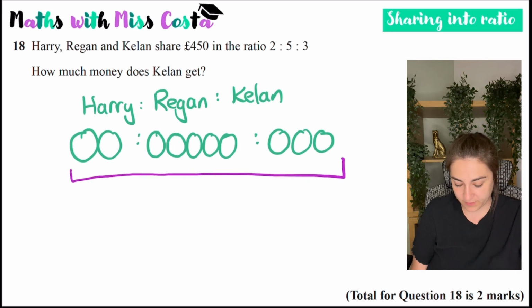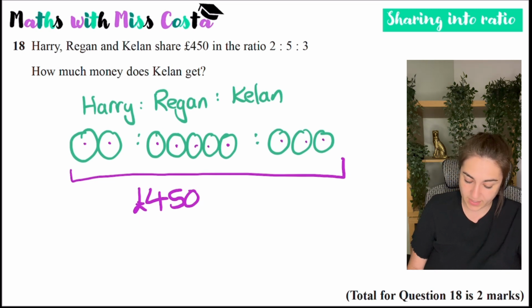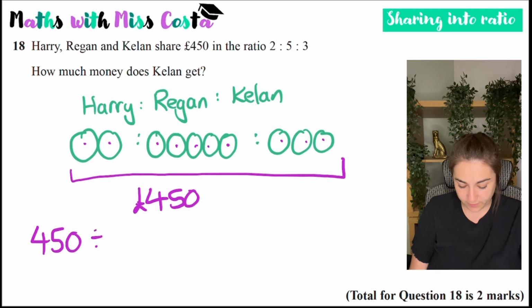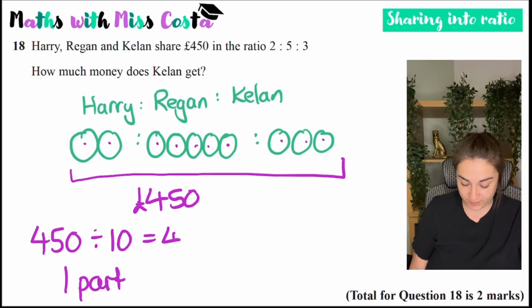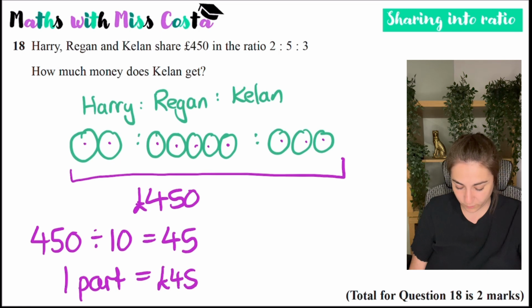So they have in total shared £450 into 10 parts. So if I did 450 divided by 10, I could figure out what the value of 1 part is. 450 divided by 10 is 45. So 1 part is worth £45.